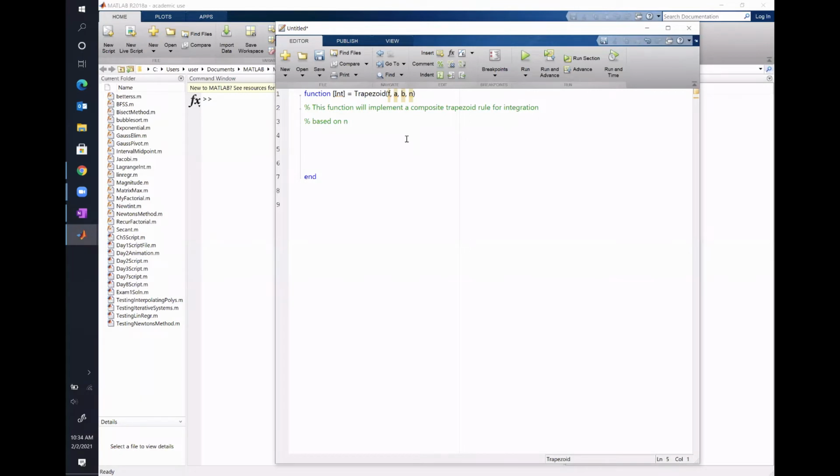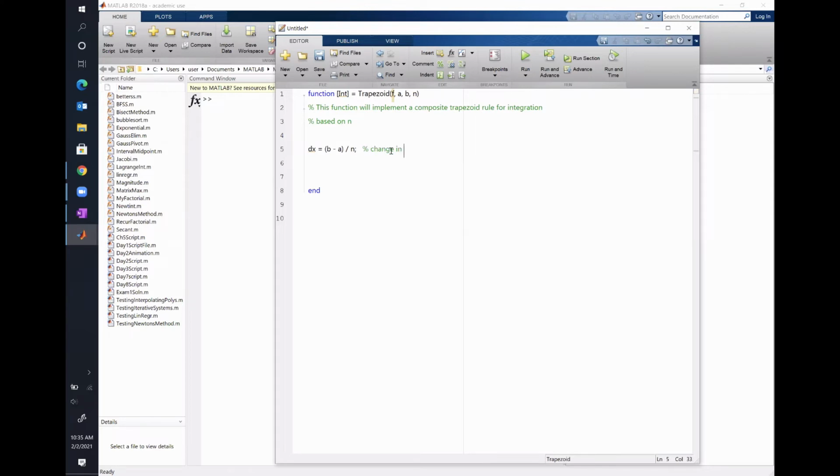All right, so what we're going to do first is define, let's see, should I call it dx or delta x? What should I call it? Just dx? Okay, we'll say dx equals b minus a over n. So that's my change in x.